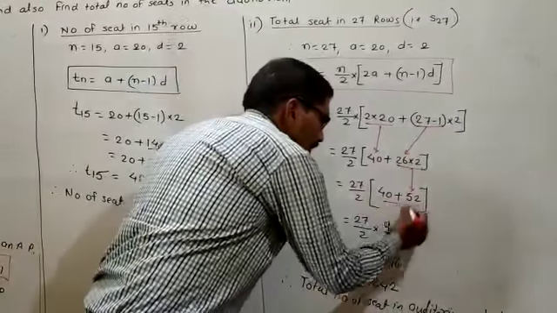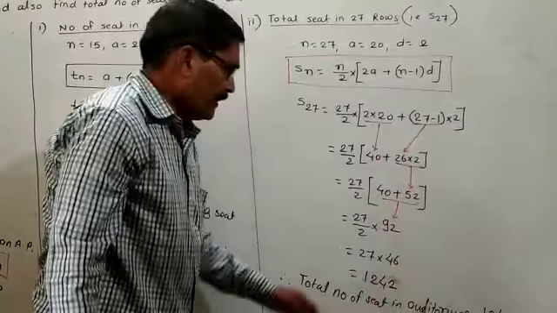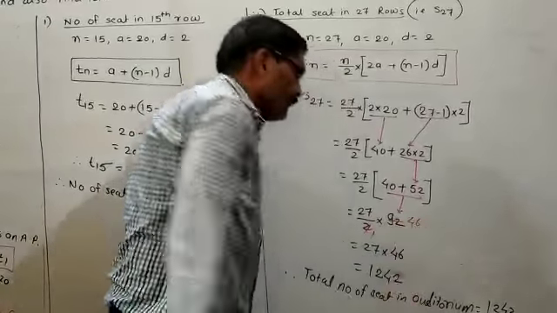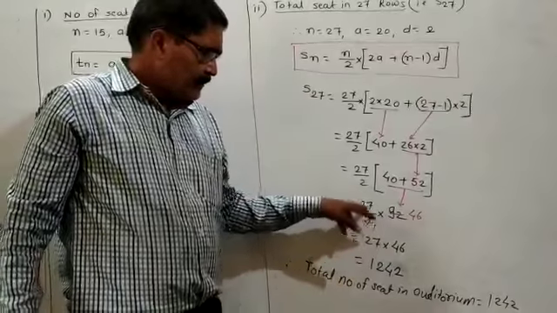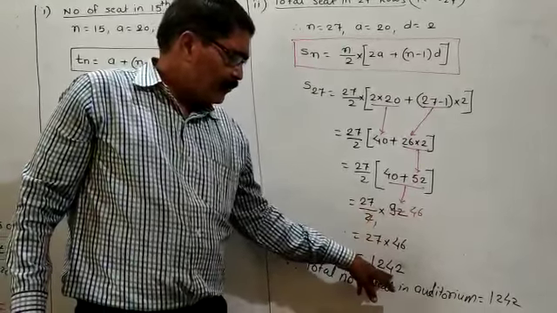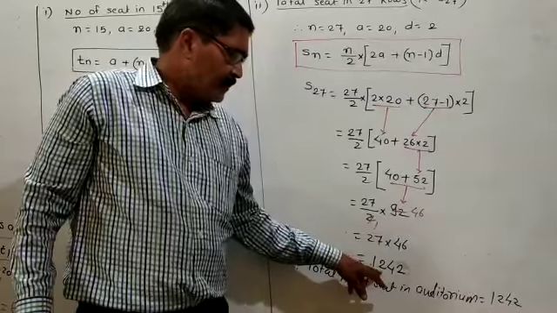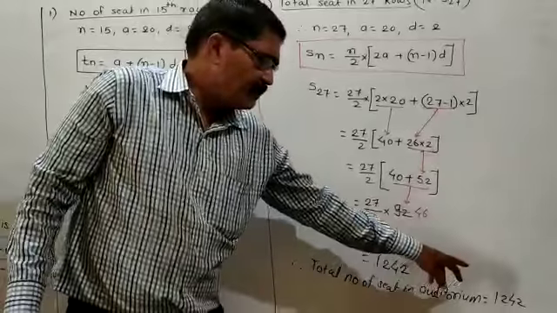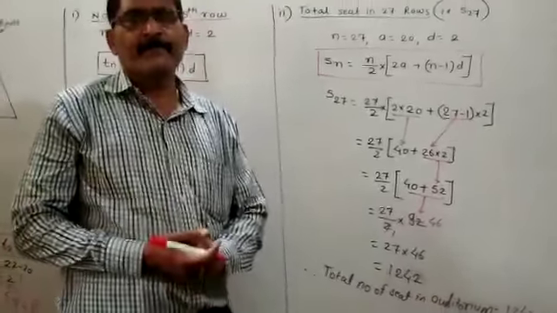After that, 2 ones are 2, 2 46s are 92, and this 27 as it is. 27 multiplied by 46 is equal to 1242. So the total number of seats in the auditorium is 1242.